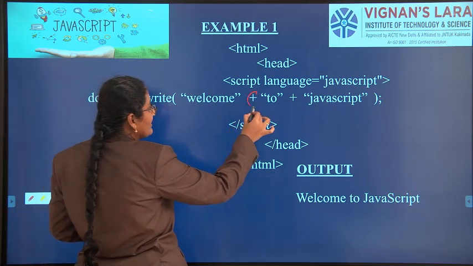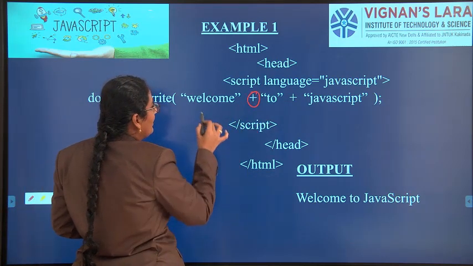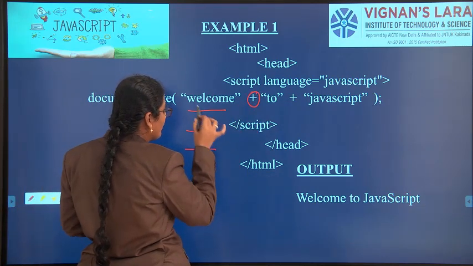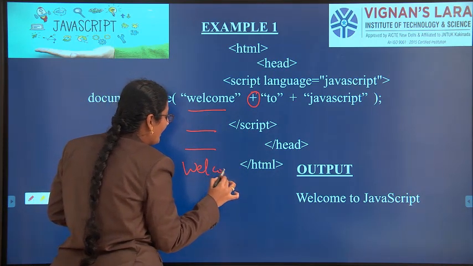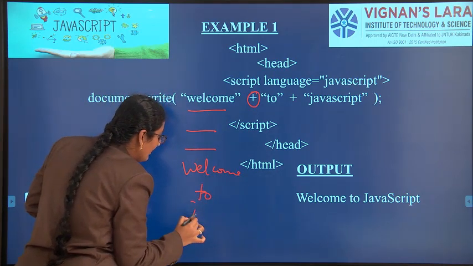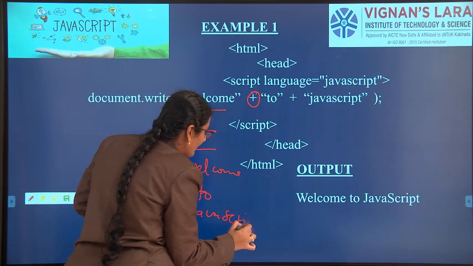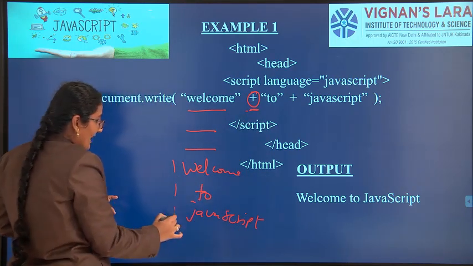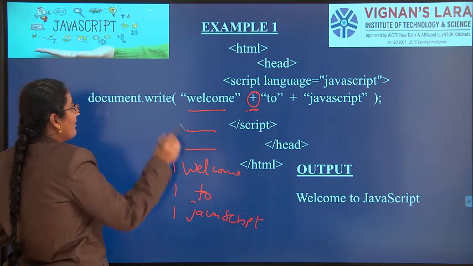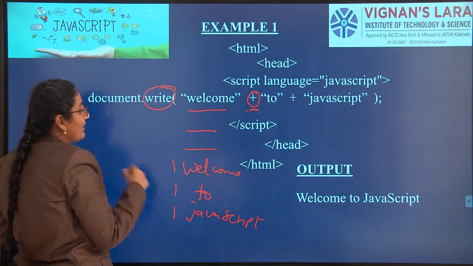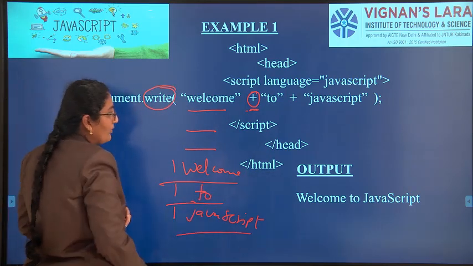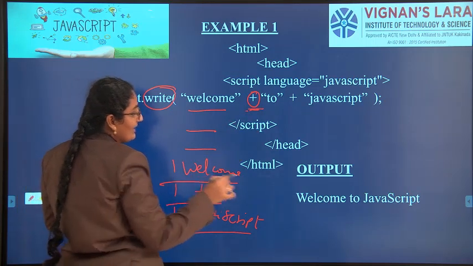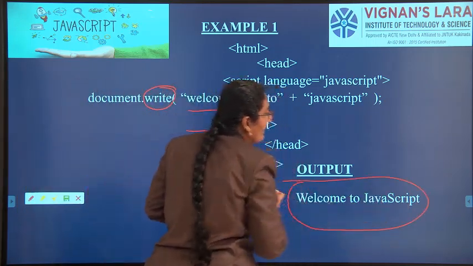If you don't use the append symbol here, Welcome to JavaScript should come in 3 different lines. But we are using the write method, so we can't have 3 different line output. That's why we are using the append symbol and getting that in single line output.